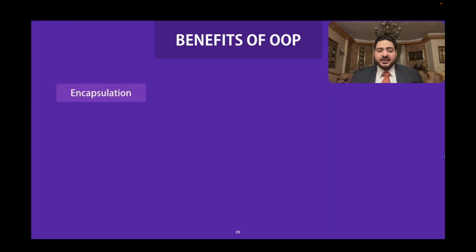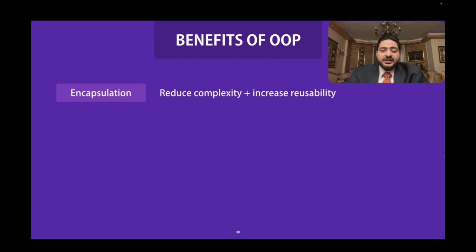Finally, let's recap what we have learned in this video. We talked about the four pillars of object-oriented programming and the benefits of each of them. We started with encapsulation, and we found that it reduced complexity and increased reusability of code by encapsulating methods and properties for each object inside this object only.